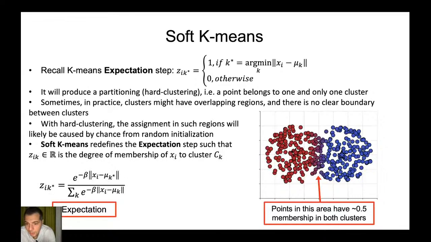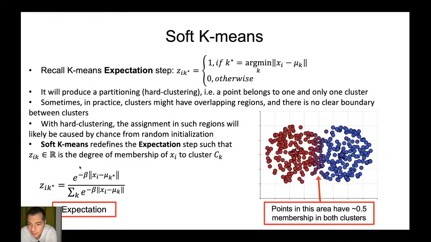When the distance approaches infinity, this RBF function will result in a value very close to 0. Okay, so this is divided by the sum of the RBF values with respect to all the clusters K.